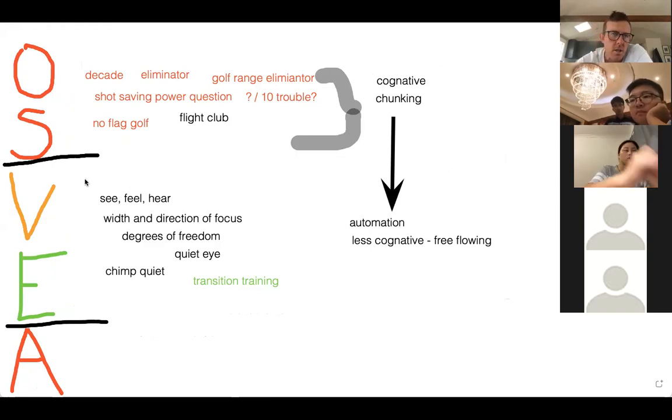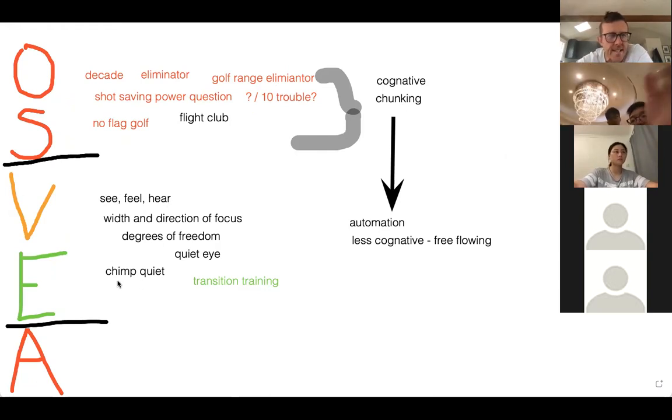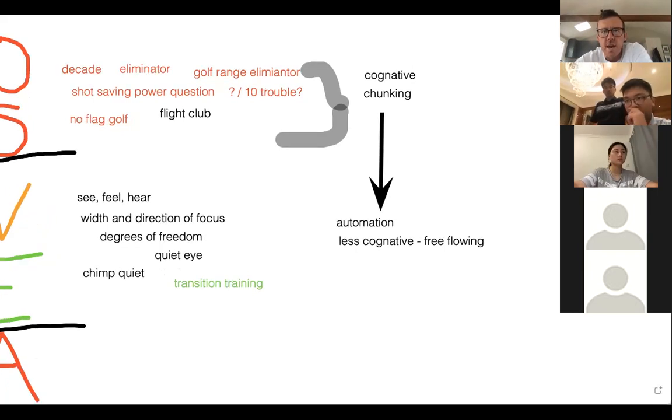But he's not very automated. He struggles to see or feel or hear a shot, struggles to keep the negative voice quiet. He needs to be more free. He needs to let go of the swing more. He needs to be more target focused. He needs to be more relaxed. How would you guys address that?